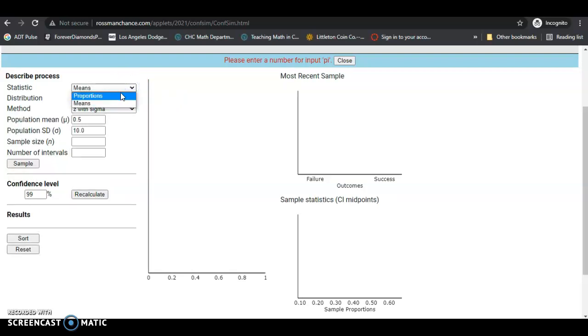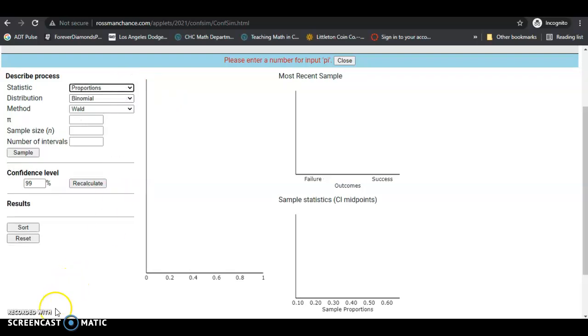So let's go and look at confidence intervals for proportions. And we're going to leave the distribution as binomial. And then the method that's usually discussed in textbooks in statistics classes like this one, for constructing confidence intervals for proportions is called the Wald method, although I don't believe that the book mentions that.